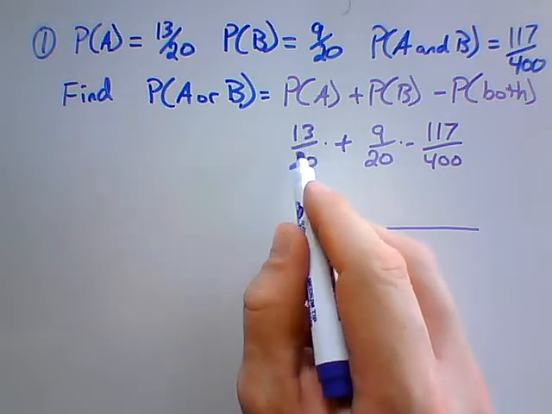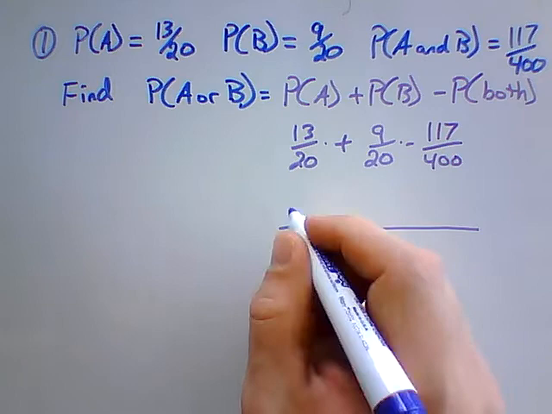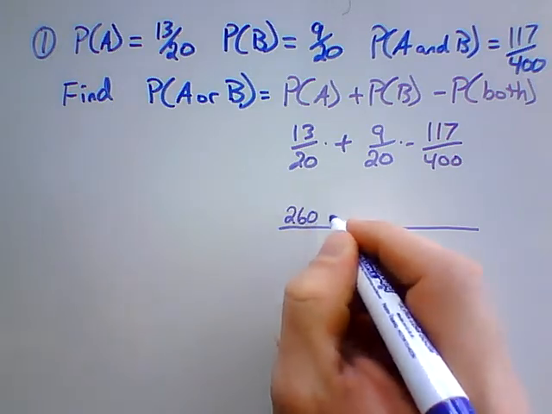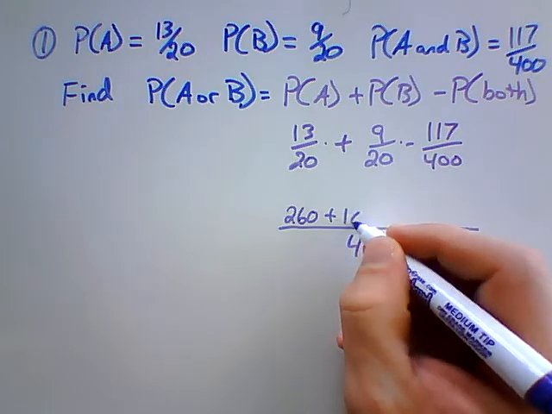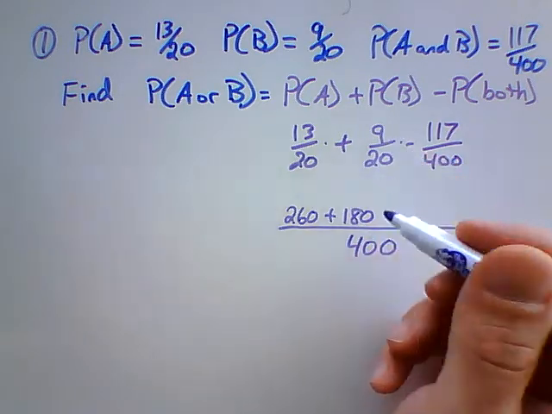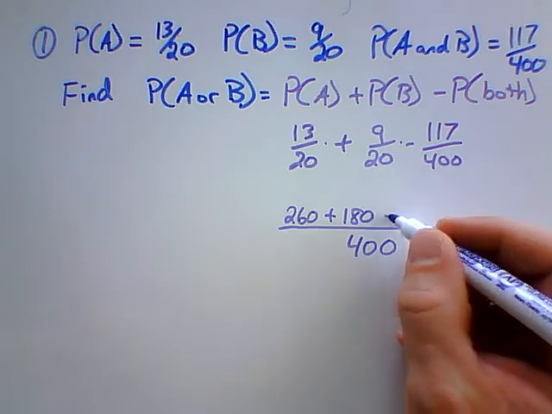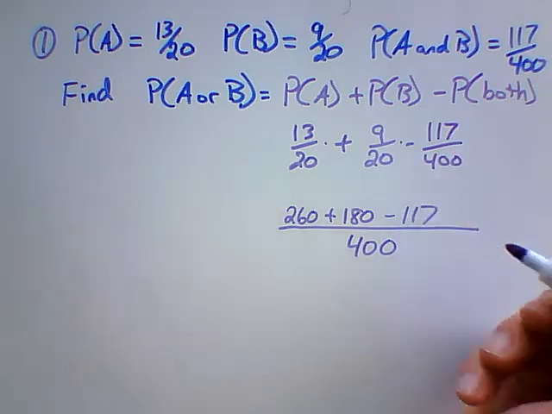13 times 20, well, 13 times 2 is 26, times 10 is 260. 9 times 2 is 18, times 10, 180. Right, 180 over 400, and then that guy is still 117.